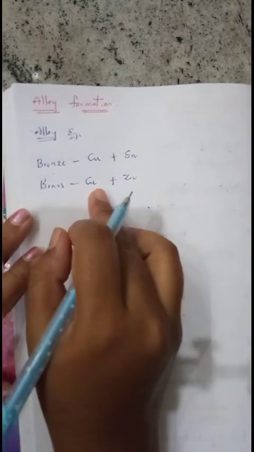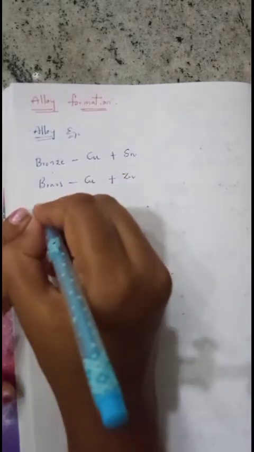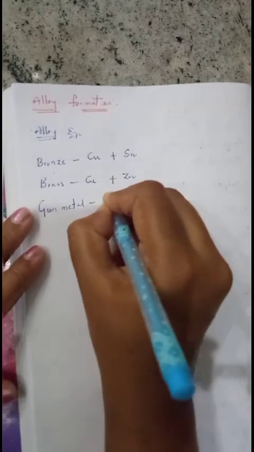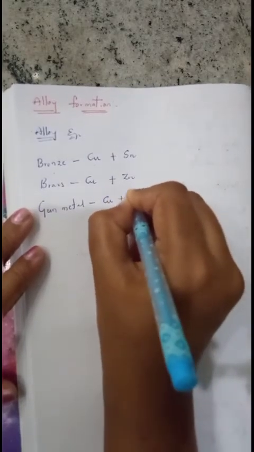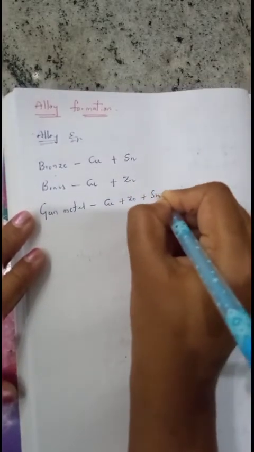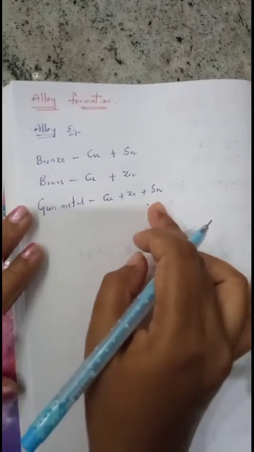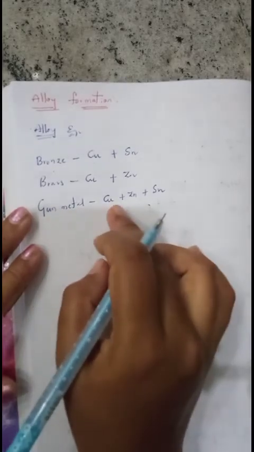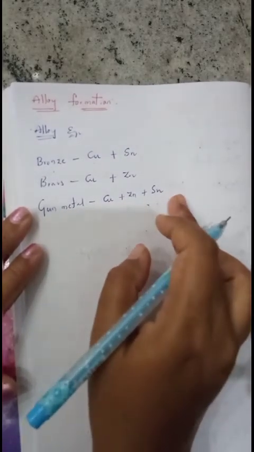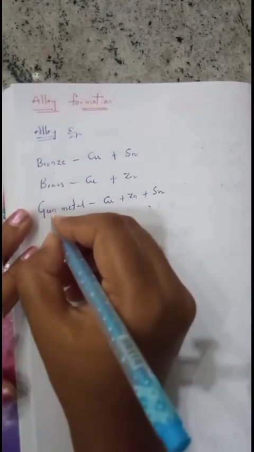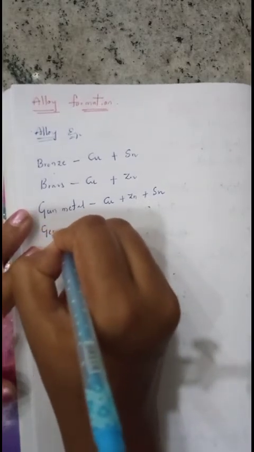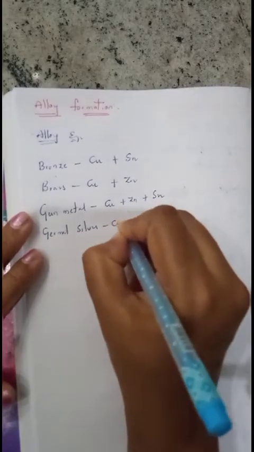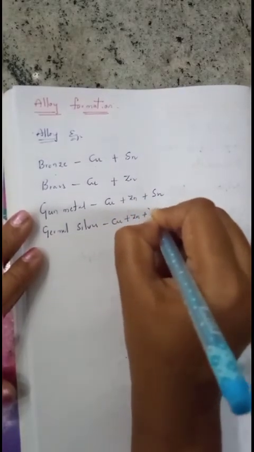Brass is obtained by mixing copper and zinc, whereas gunmetal contains copper, zinc and tin. So it differs in the ratio or mixing of the elements. Gunmetal contains copper, zinc and tin. German silver is also an alloy, made up of copper, zinc and nickel.